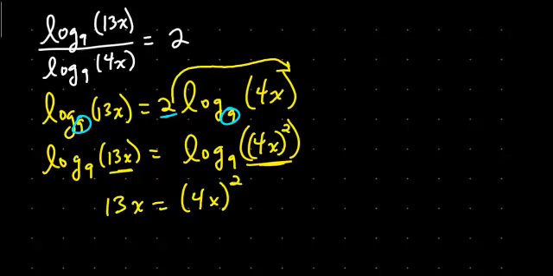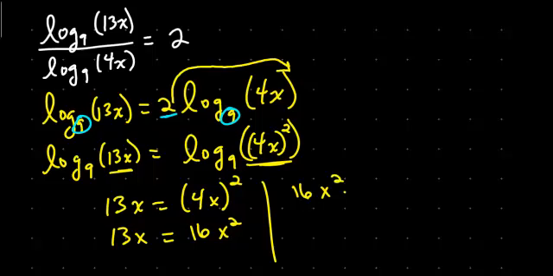That is 13x must equal 16x squared. Alright, that's going to give me 16x squared minus 13x equals 0.